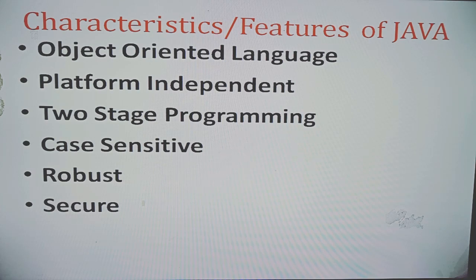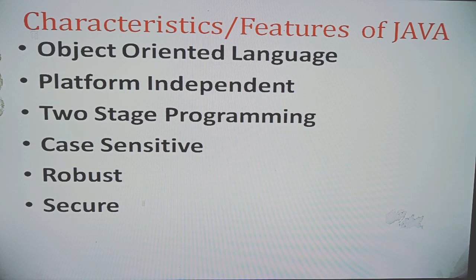Now next feature is case sensitive. Case sensitive means uppercase and lowercase letters are treated differently. For example, if I am writing System.out.println, as you already know, when we write System in BlueJ, S must be capital.